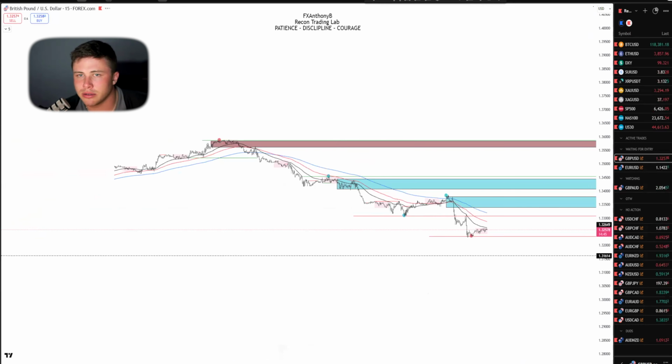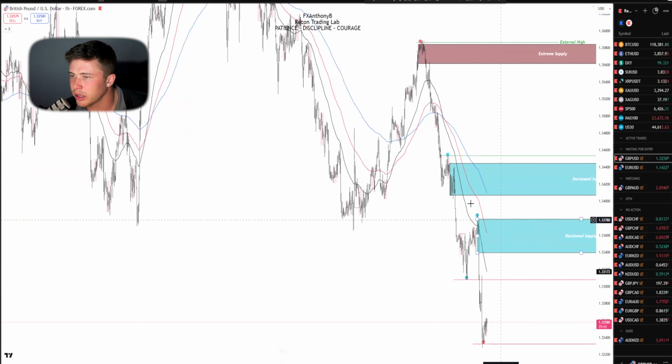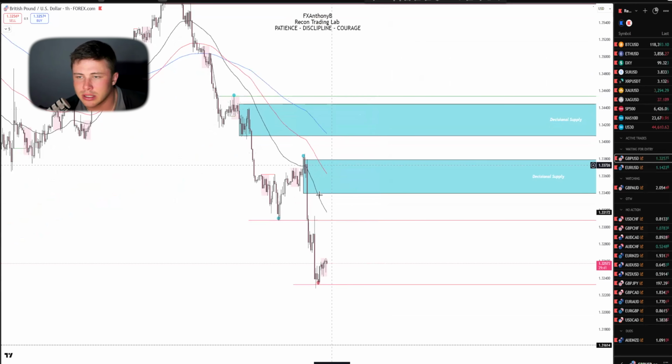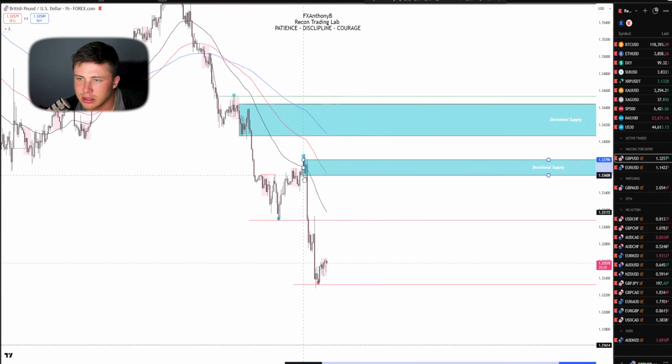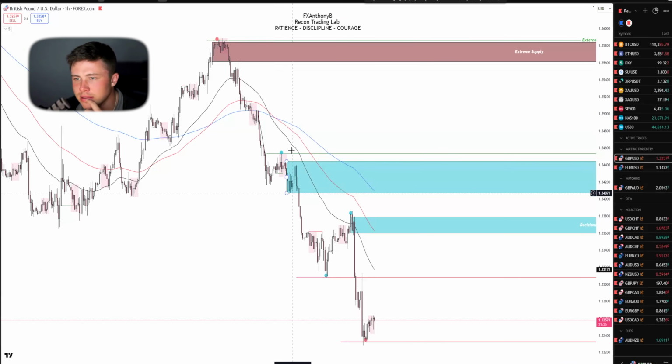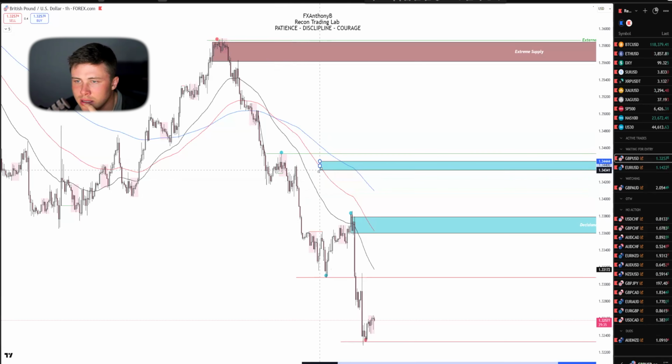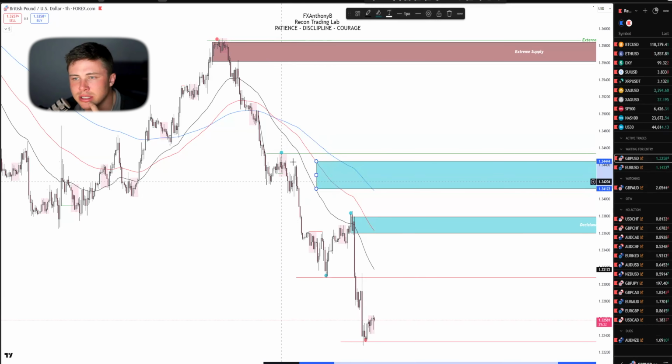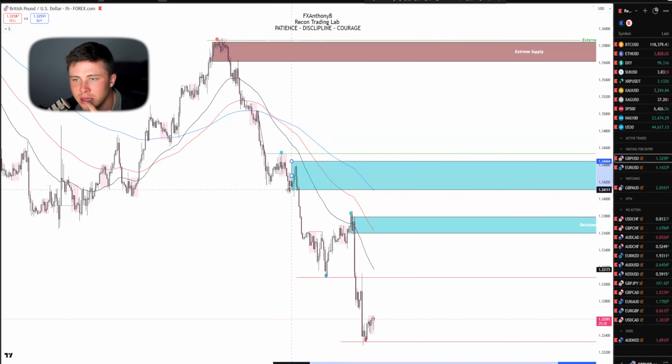All right, going down to our 1 hour here, we're gonna redefine things, make it a little pretty like this. So we have it redefined. So now looking at our 1 hour, you can see that this doesn't actually look as pretty as I thought it did on the higher time frame.